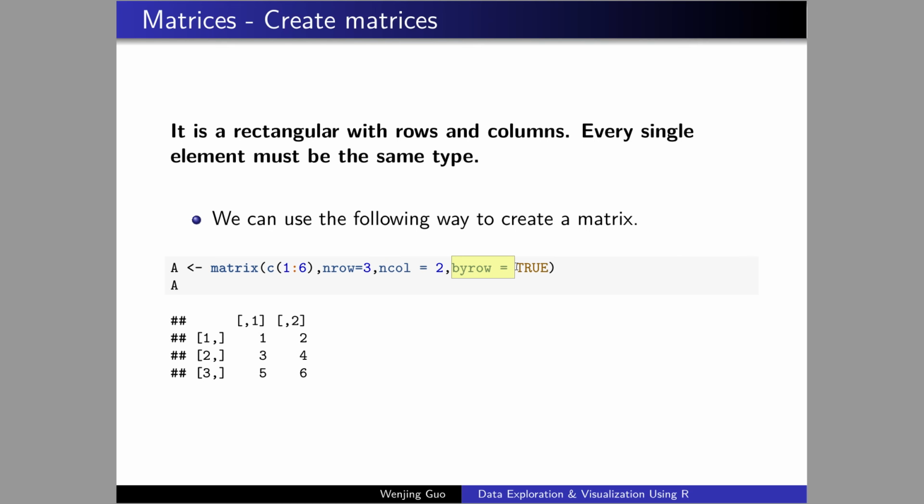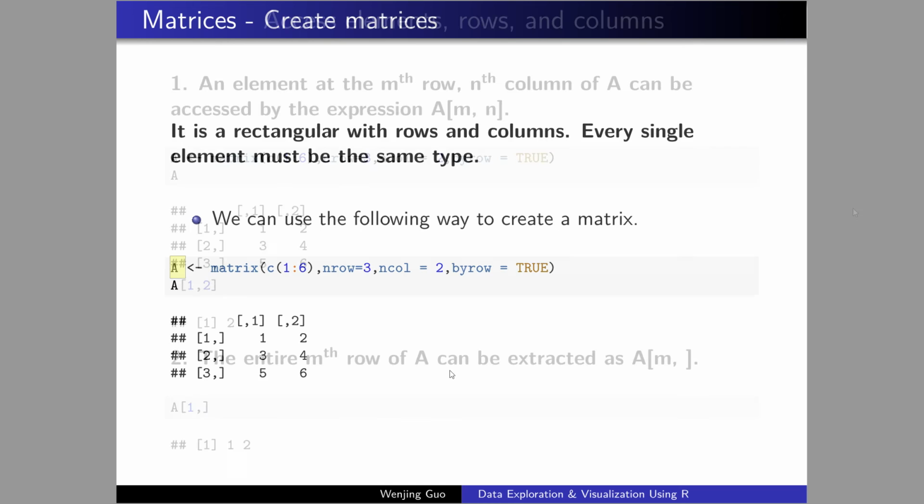The byrow here specifies how we put the numbers in the matrix. We put the numbers by row, so we specify byrow is equal to TRUE. And then we can use the assignment operator to assign this matrix to an R object A. By running this R command, we can get the matrix A. It's a 3 by 2 matrix.